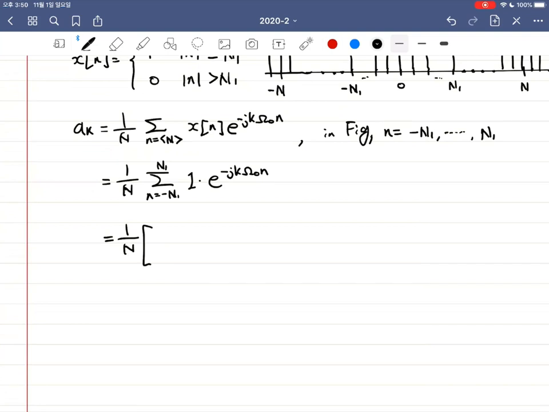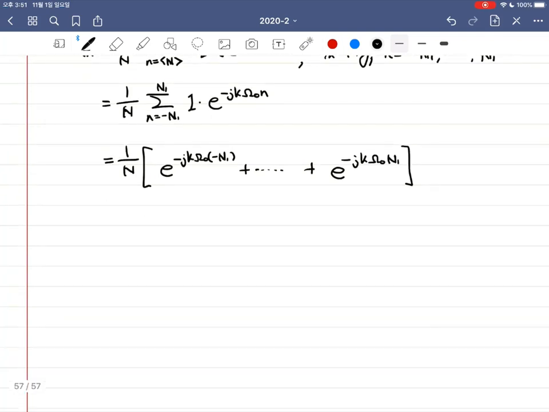It's not an infinitely long summation. So I can write it down by putting in the summation values in order for the small n. So it starts with e to the minus jk omega 0 minus n1 all the way up to e to the minus jk omega 0 n1, right?